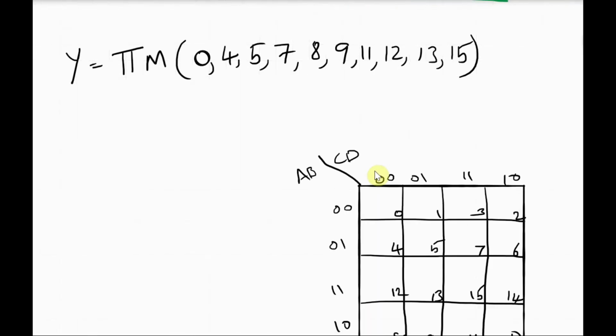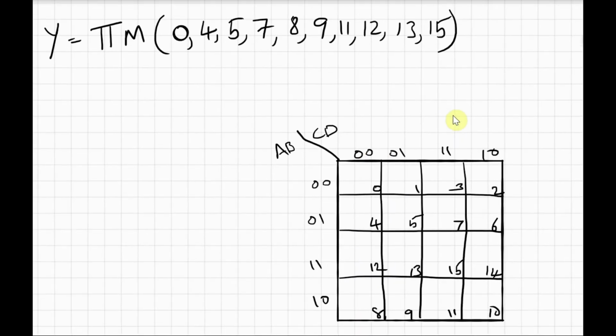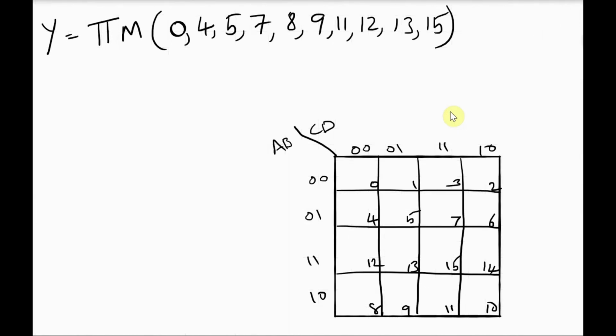So we need a 4 variable kmap. Now we will map all those things. This is pi, that means POS expression. So we have to map it to 0. Here it is 0, 4, 5, 7, 8, 9, 11, 12, 13, 15.